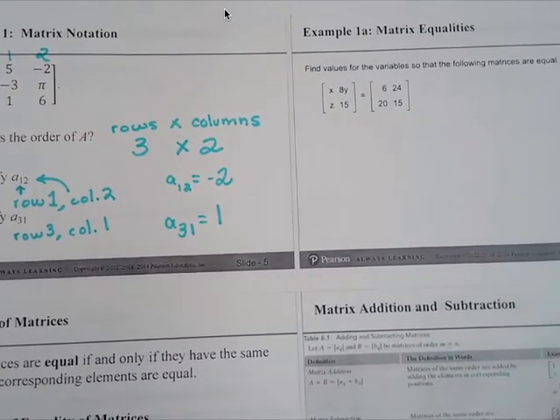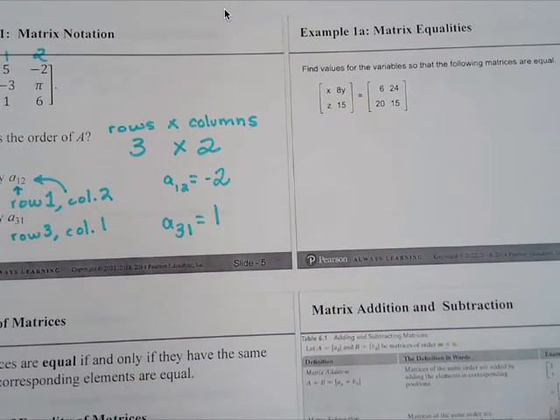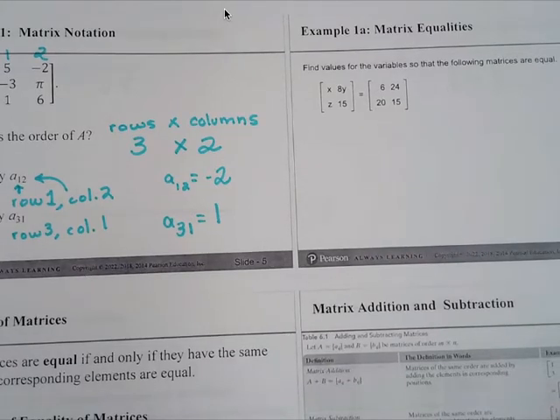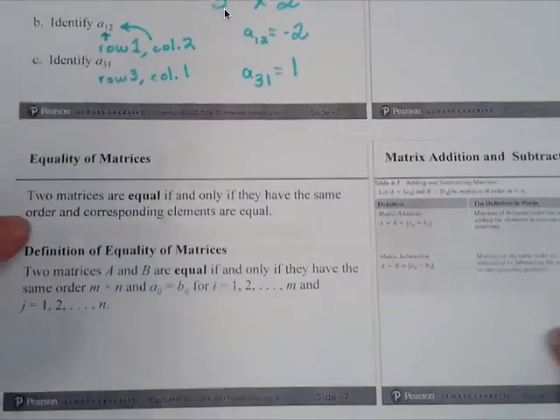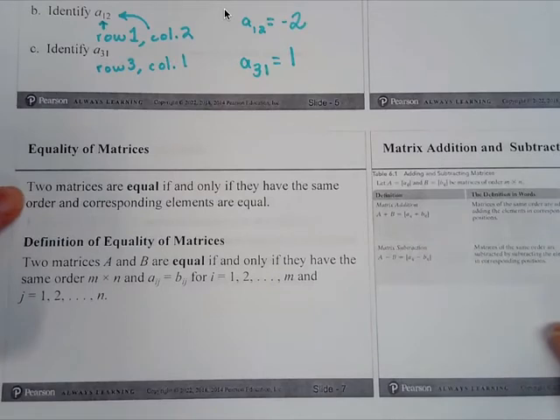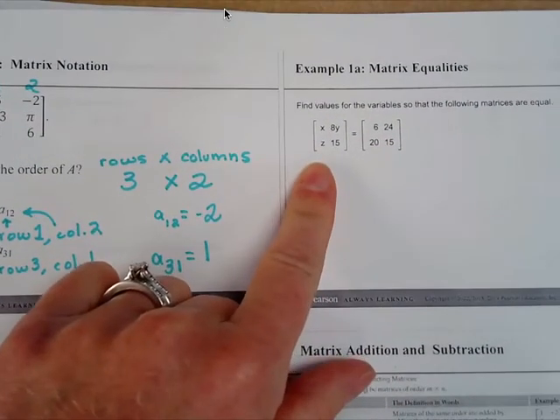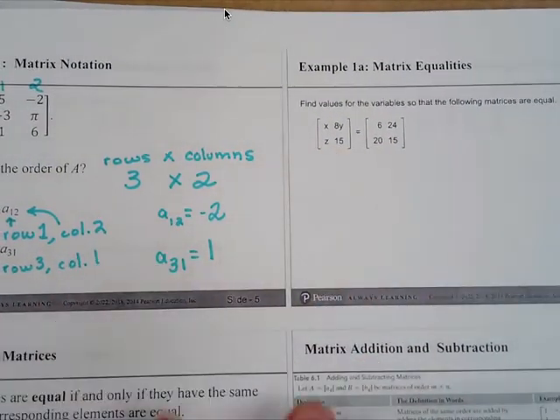Find the value of the variables so that the matrices are equal. So this is talking about equality of matrices. Two matrices are equal if their corresponding entries or elements are equal. So if these two are equal, we would set the elements equal to each other.